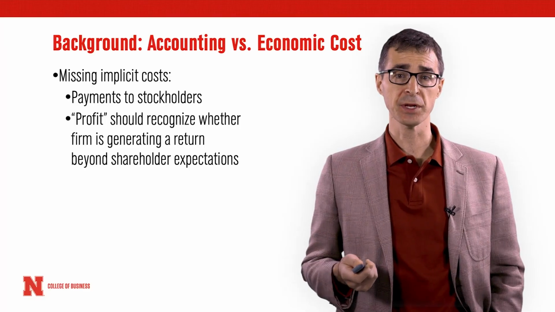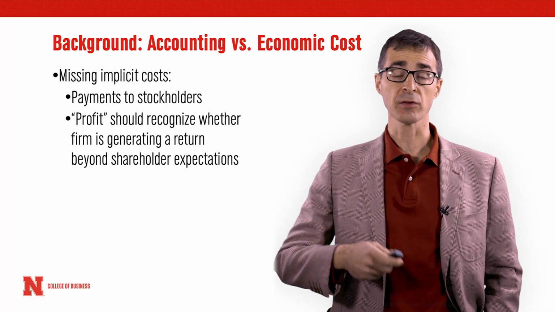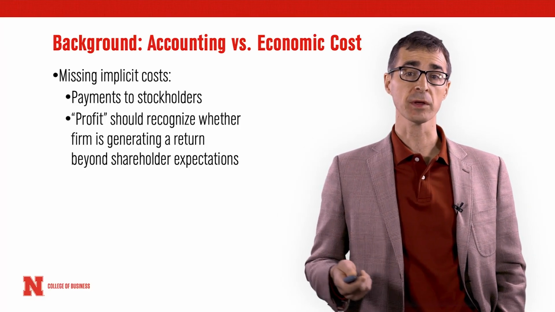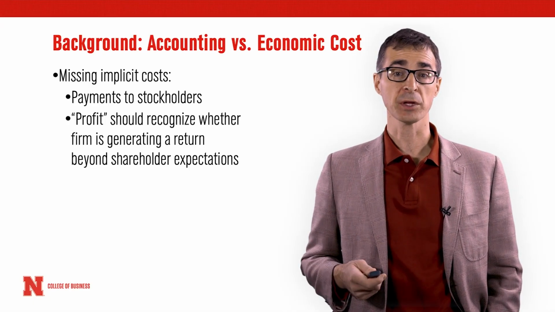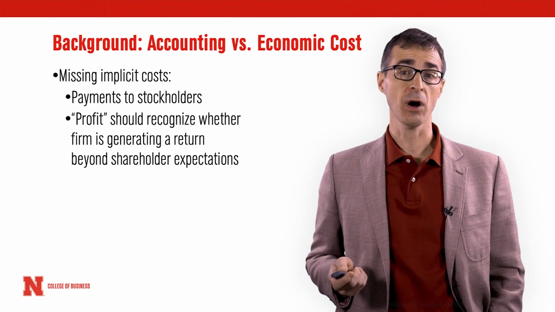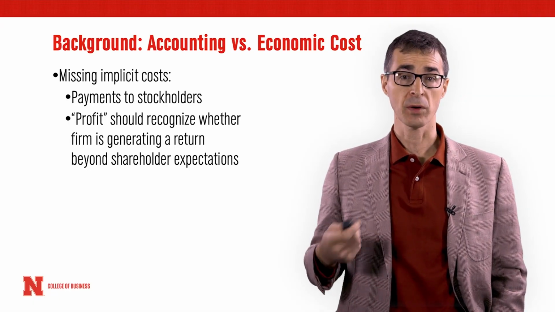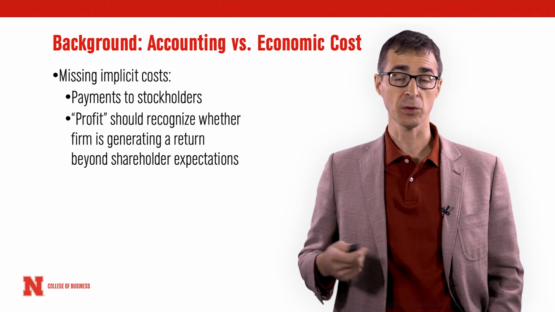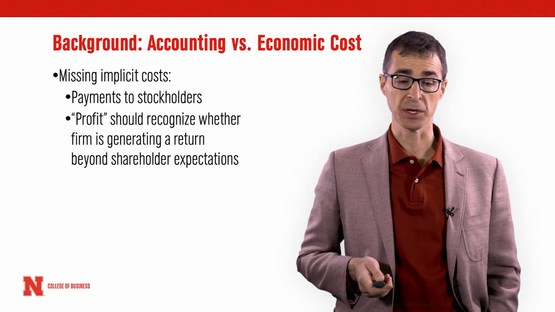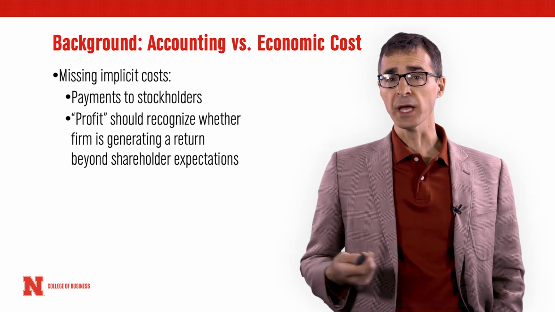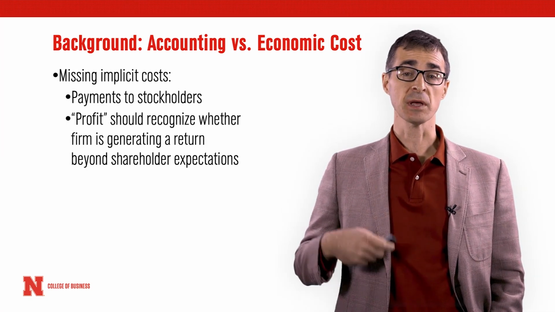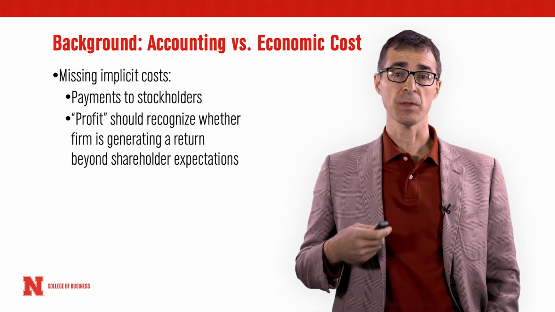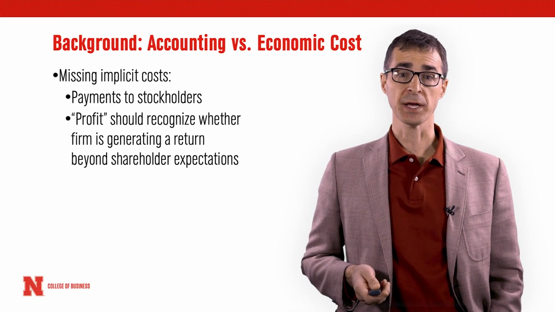Ideally, the profitability of a firm should recognize all implicit costs, and one of the key costs for any firm that has publicly traded stock would be the cost of the equity capital, or the capital that shareholders have loaned to the company. So economic profit is a measure of profit that makes explicit the cost of shareholder supplied capital.